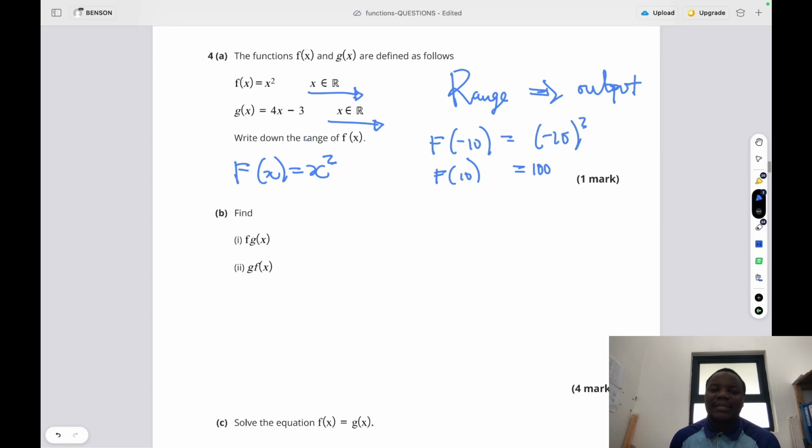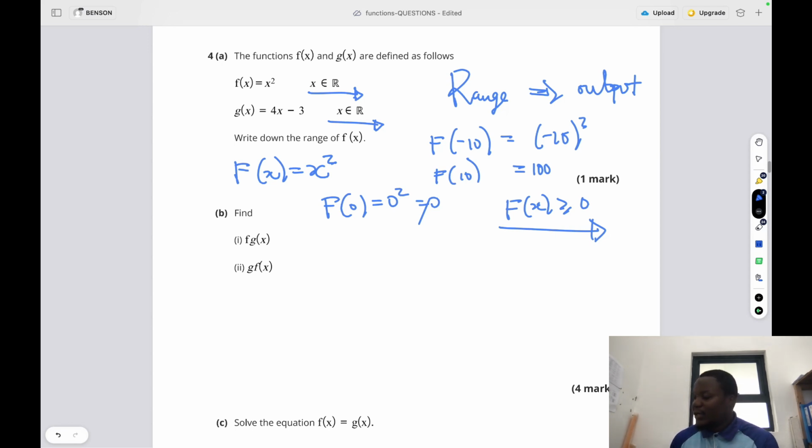The range of this function will start at 0, because if we say f of 0, we get 0 squared, which is 0. So the range of this function is simply f of x greater or equal to 0, because it will all be positive.